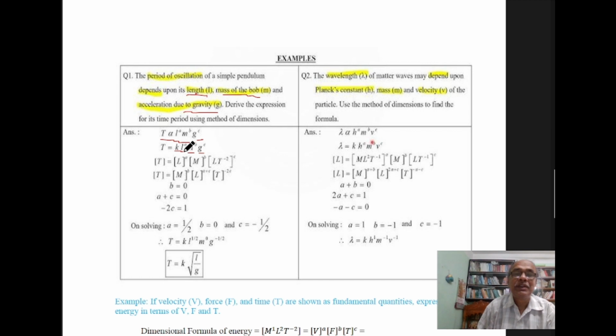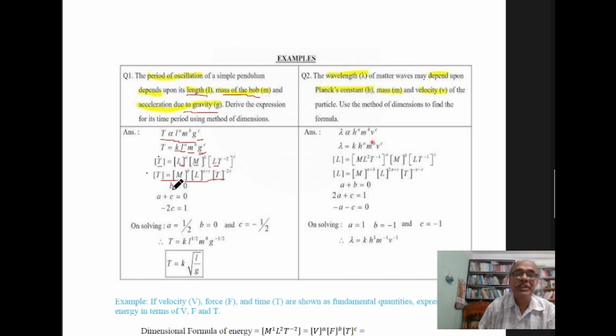Now L means length, dimension is capital L, m is mass, dimension is capital M, and g is acceleration due to gravity, so its dimension is L T to the power minus 2. Now the left side is T, so its dimension is T. Put this on both sides.